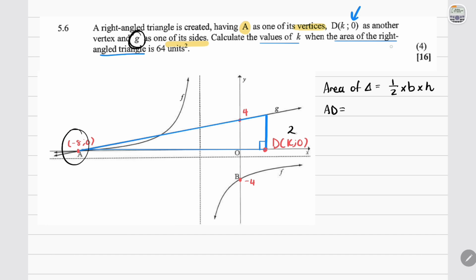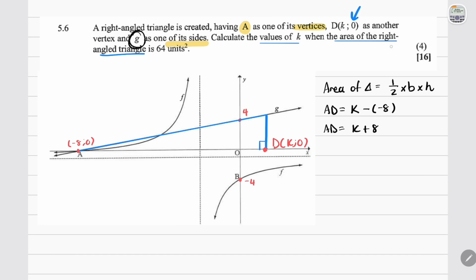If this was 2, you would know I went 2 units to the right and then 8 units to the left, a total of 10 units. But an easier way is to say 2 minus -8, because the coordinate there is -8. In the same way, this x value of k minus -8. And so AD, our base, is k + 8.